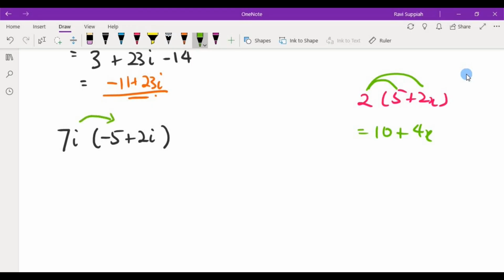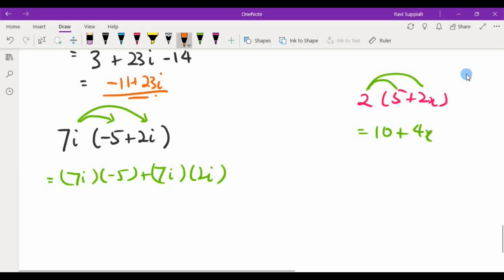So 7i times minus 5, so I'm going to write that here, 7i times minus 5 followed by plus 7i times 2i. Okay, 7i times negative 5 will be negative 35i plus 7 times 2 is 14i squared.